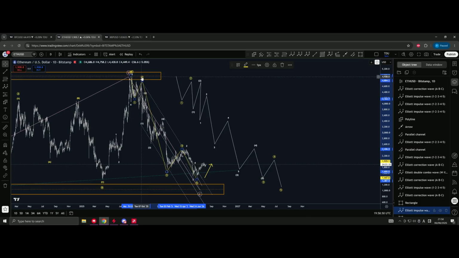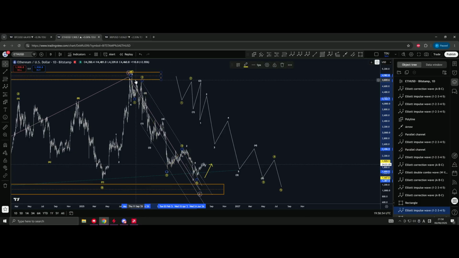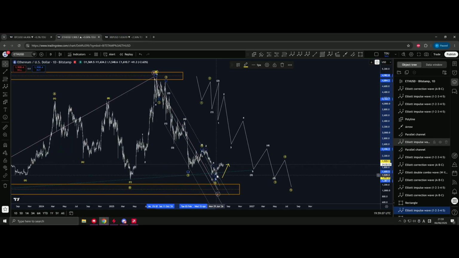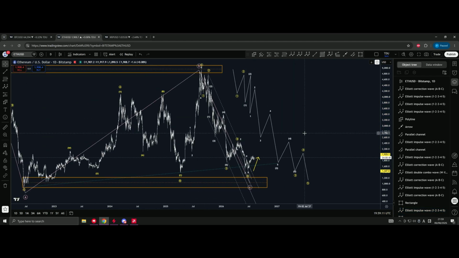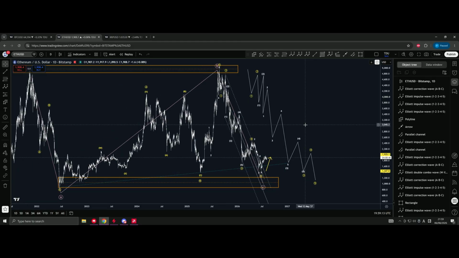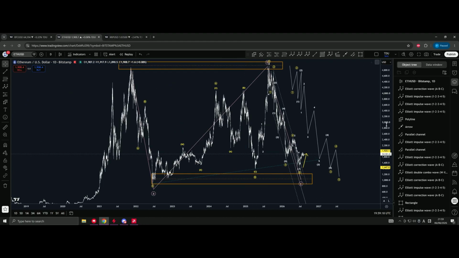In case there is 1, 2, and a 1, 2, and another 1, 2, so three 1-2s, then we need to have three 4-5s, right? So we have 1, 4, 5, second 4, 5, and then potentially the last one to come here, which is discount. Get it? A discount? Only me? Okay. Another accumulation zone for Ethereum.